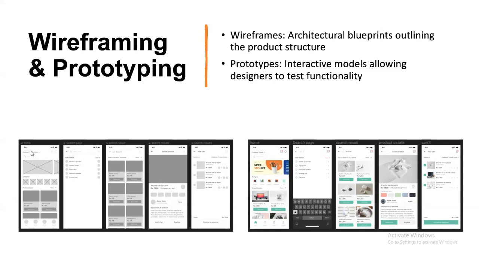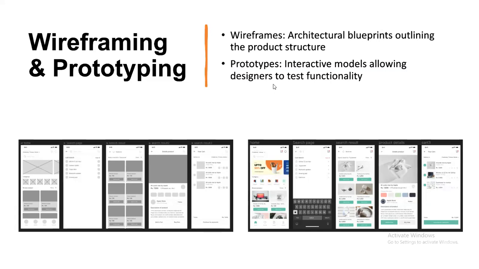We create these wireframes without any visual elements. We just create them to know which elements go where, like a blueprint for a building, and that will help the designers to plan or arrange elements on a page.